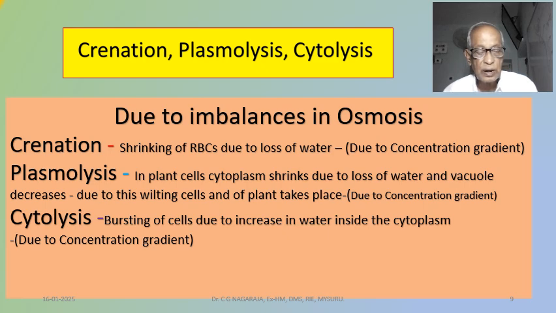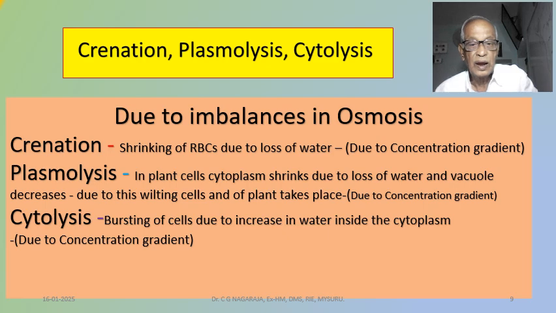So a difference in the concentration of water will make these three phenomena happen. What is crenation? Shrinking of red blood cells due to loss of water. Red blood cells may lose water contained in them and they shrink. They look like stars. It's a kind of disease. Let me not go into the details here.